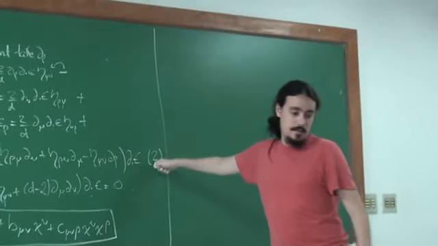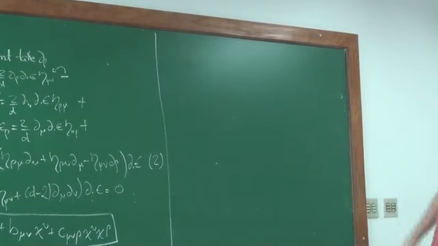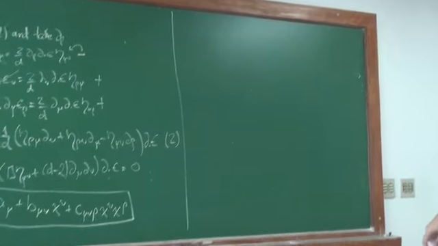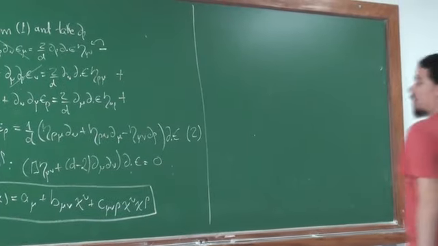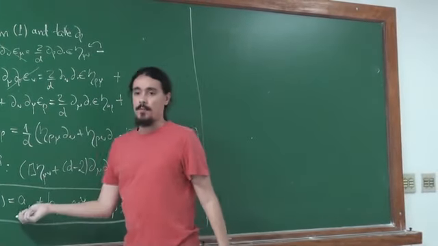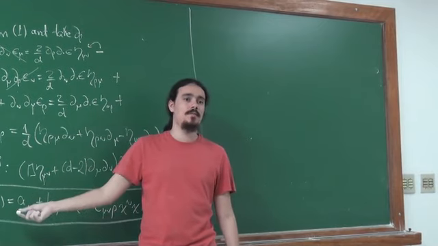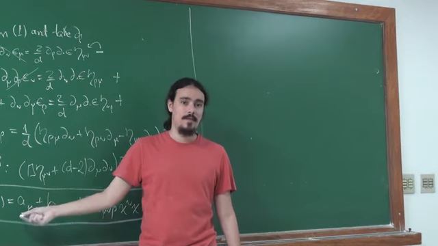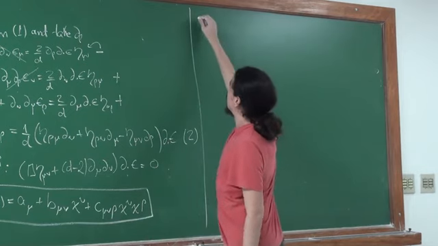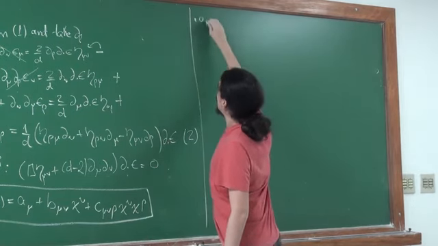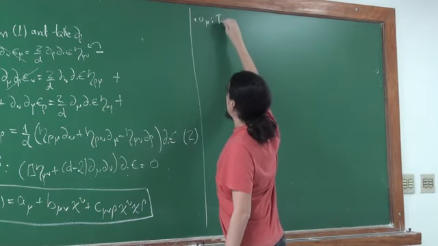And we will still come back to this. The first contribution is just a constant vector, right? So to what kind of transformations will this correspond? Translations, right? So, a^mu, translations.